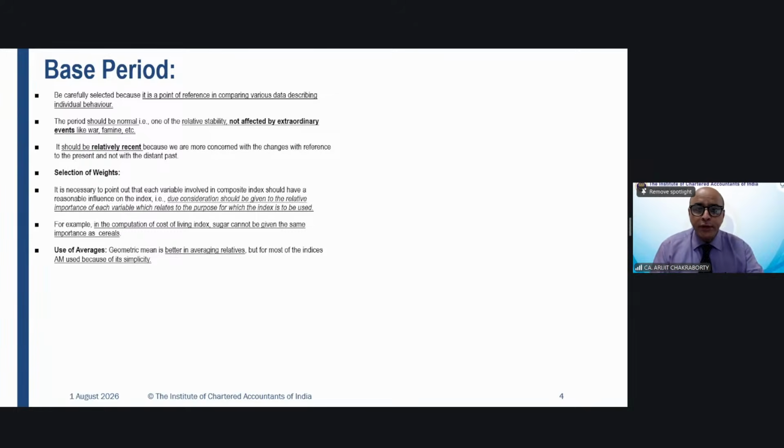So geometric mean may technically be superior to arithmetic mean. Technically, if you talk about it, in averaging and removing bias, geometric mean could be seen as a little better or more refined than arithmetic mean. But arithmetic mean is simple to calculate.